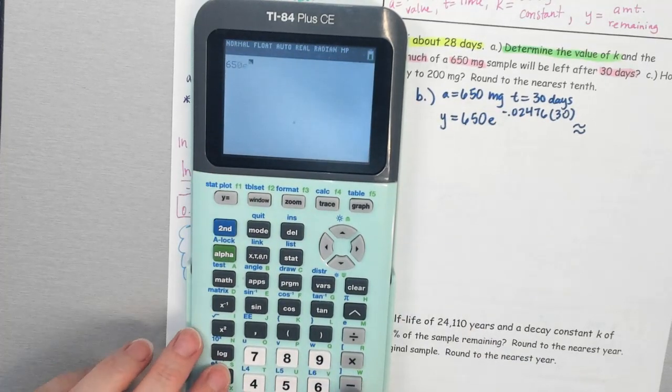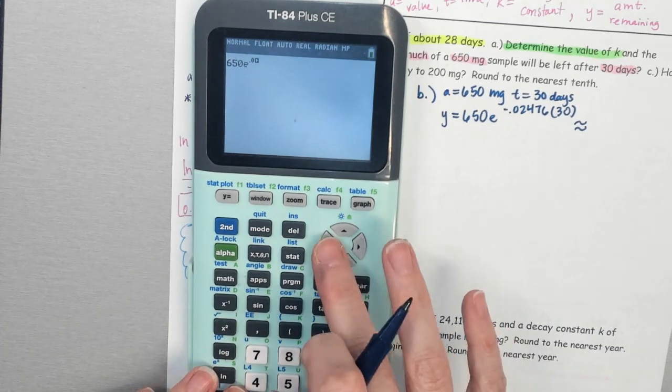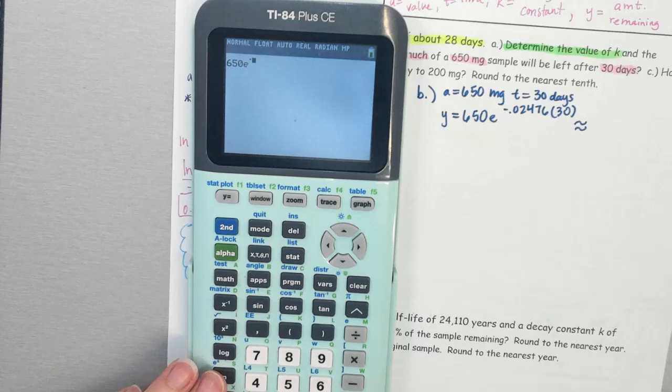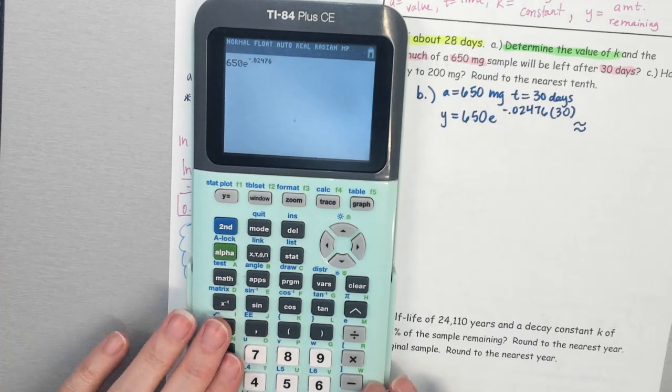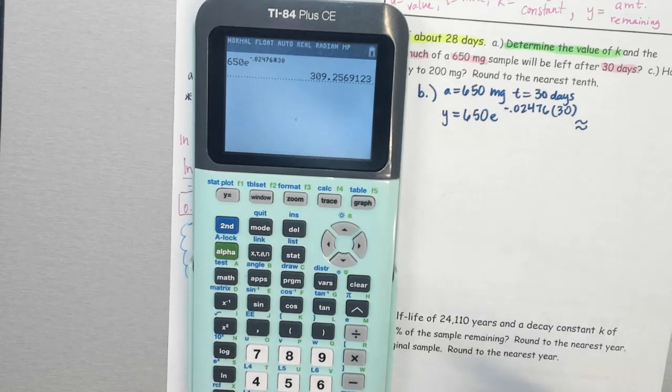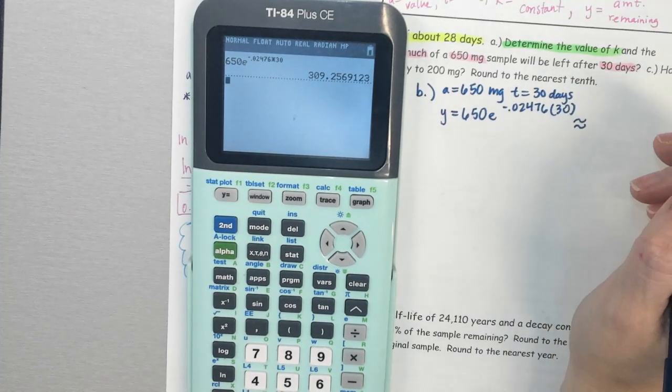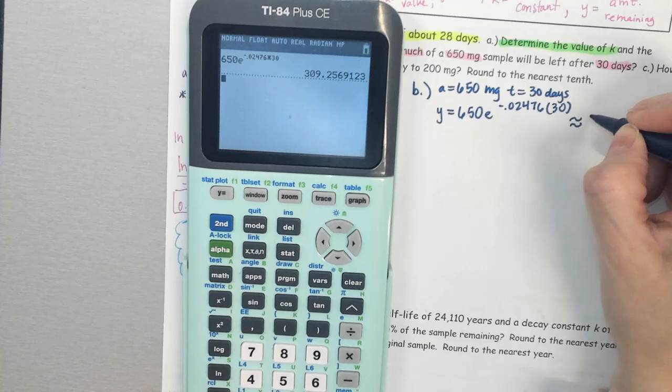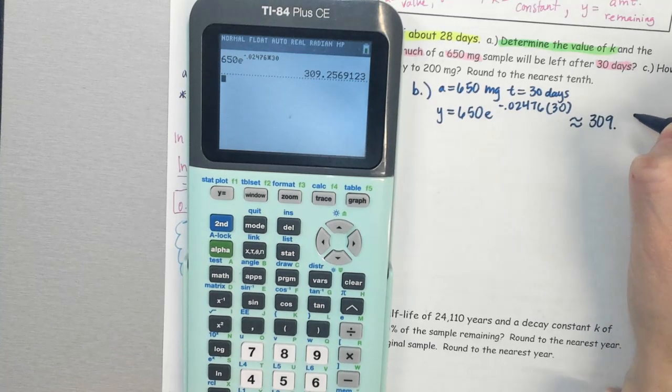So when you're finding Y, you are just going to evaluate. Don't forget your negative for the decay. Okay, so it's going to be 309.26 milligrams, or 309.3 if you round to the nearest 10th.